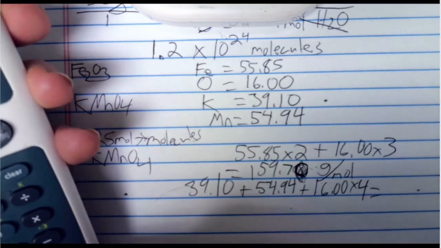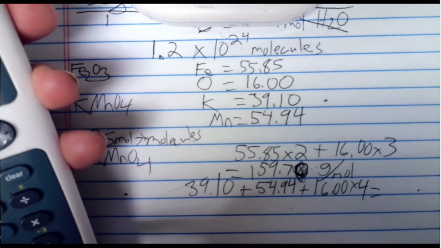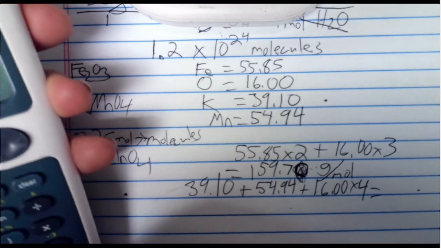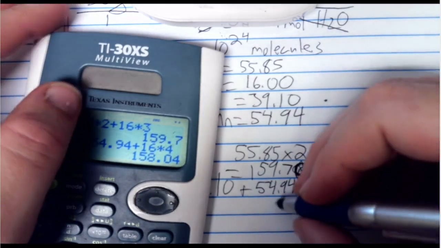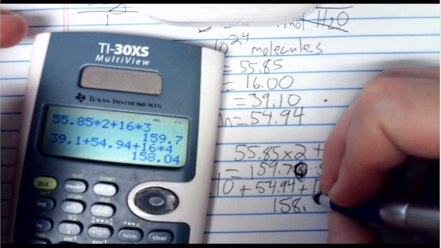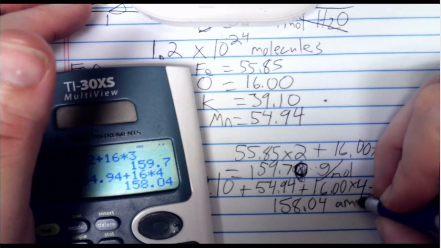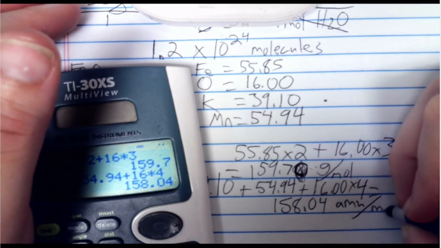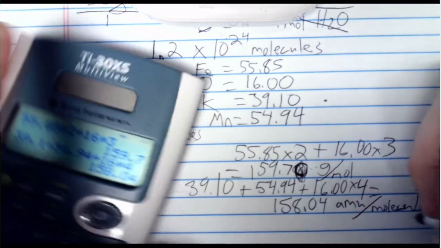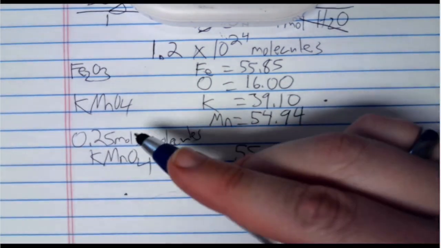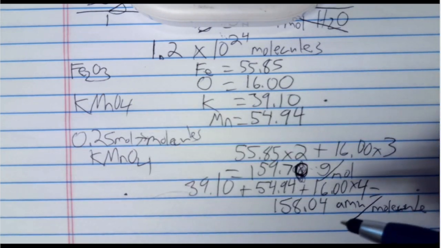So let's do that. 39.1 and 54.94, and 16 times 4, we get 158.04. And that is AMU in one molecule, or one formula. One little cluster of these weighs 158.